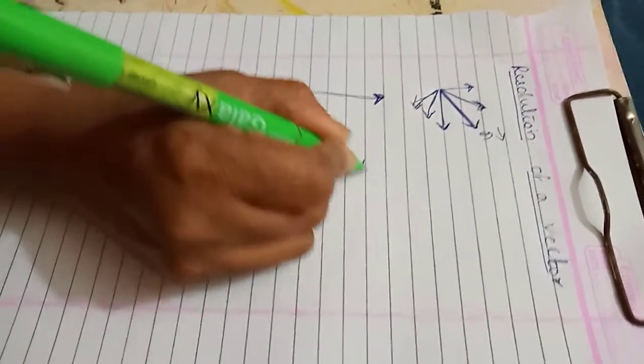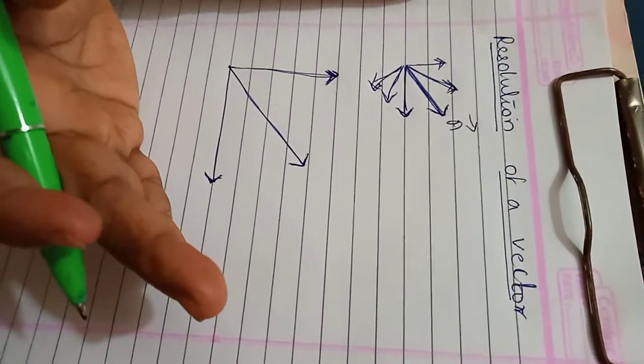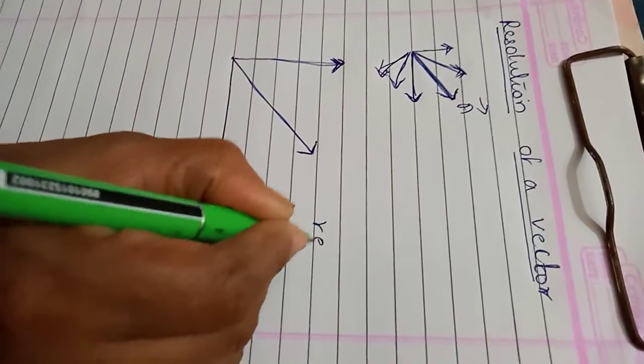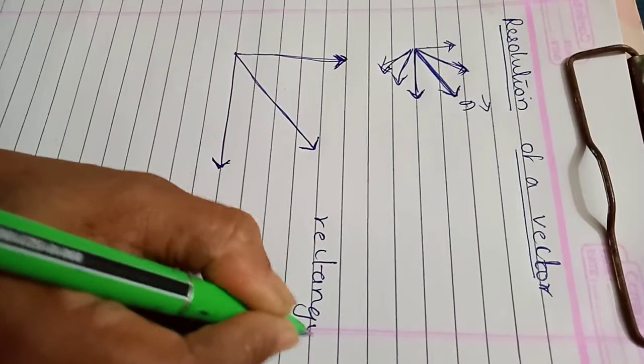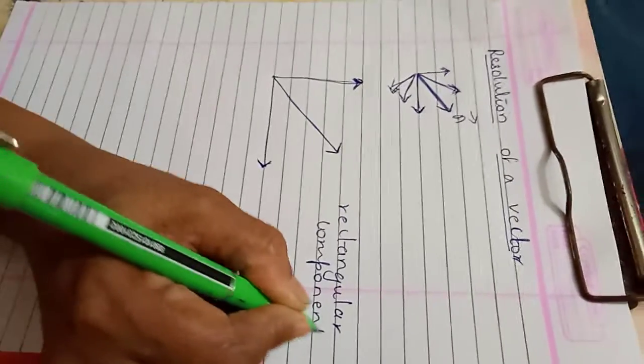If the given vector is resolved into two components such that they are mutually perpendicular to each other, then precisely those components are called as rectangular components of the given vector. Rectangular components of the given vector, students.